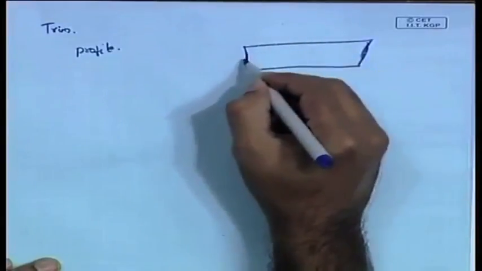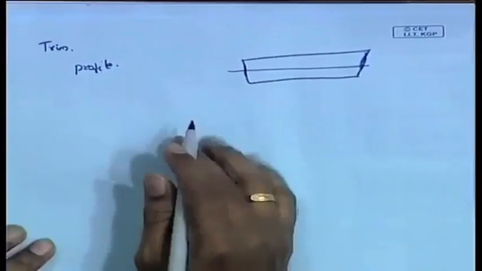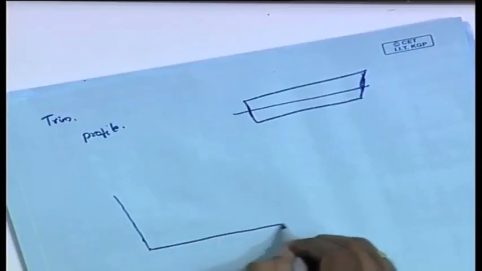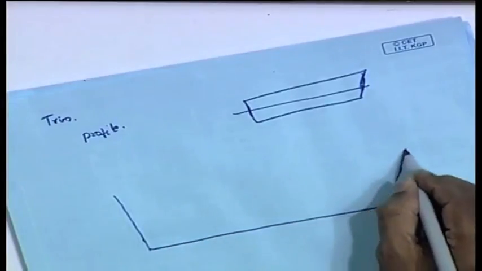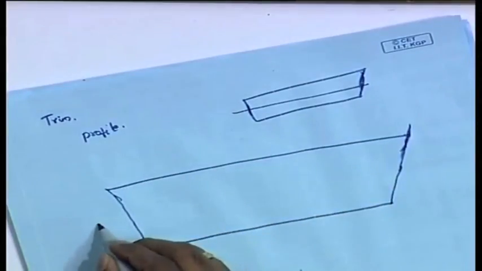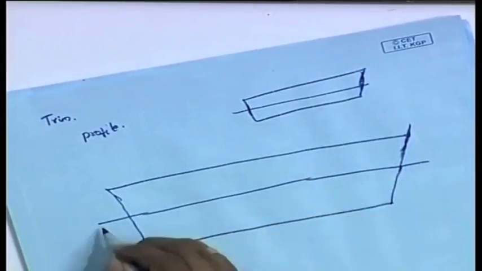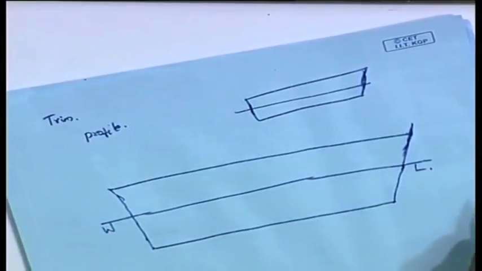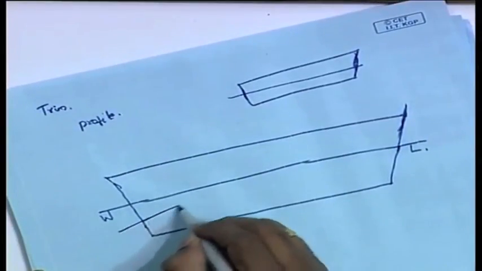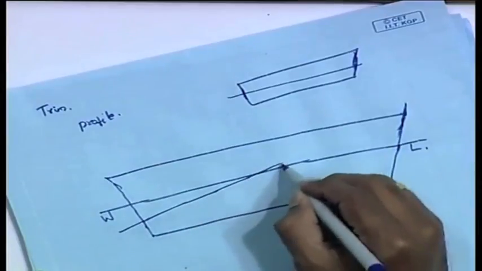So, instead of that, if the body starts trimming, because of that trimming there is a shift in the center of buoyancy like this. For example, I will draw this figure. So, this is the initial, let me draw it better. So, this is the ship, and this is its waterline, initial waterline, and because of its movement, it causes it to trim like this.